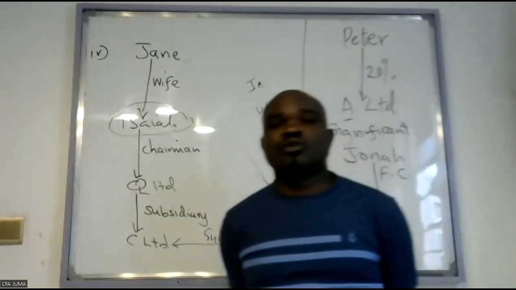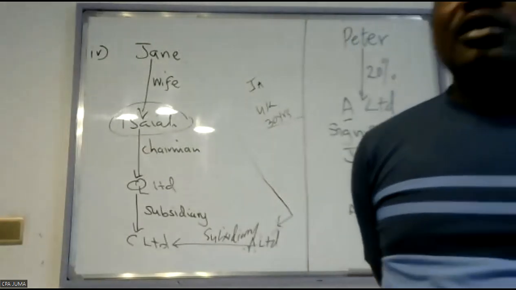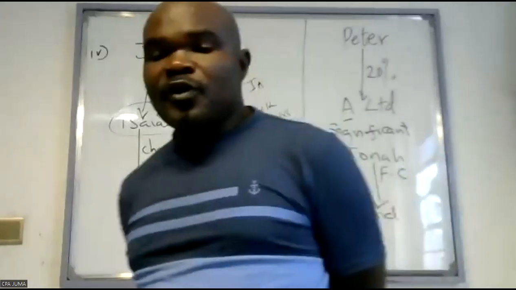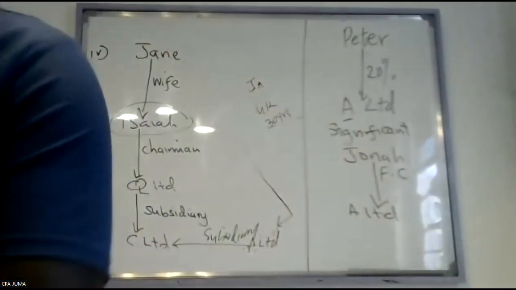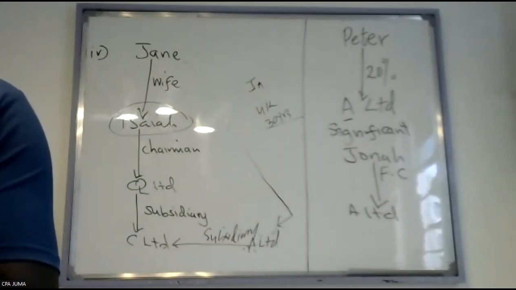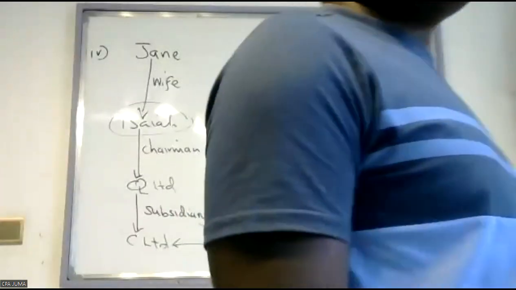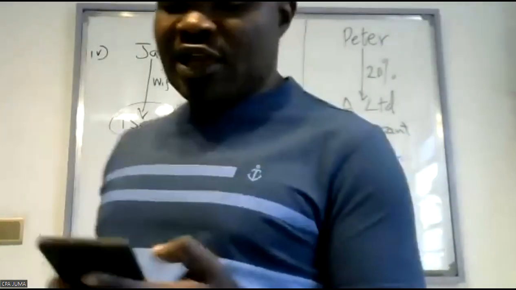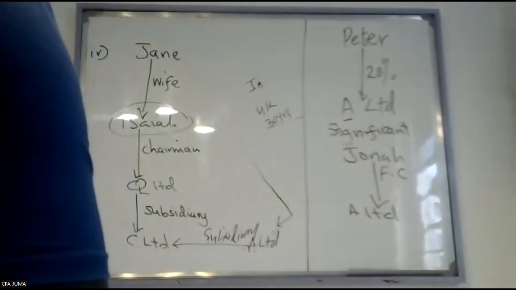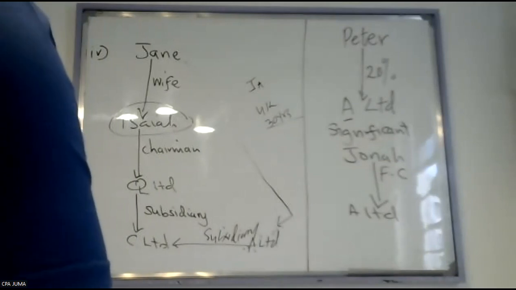However, if Jane is not capable of influencing Isaiah's dealings with the other entities, then she is not considered to be a related party.